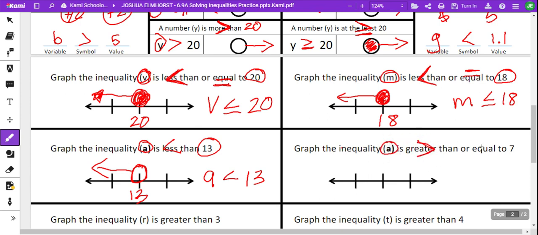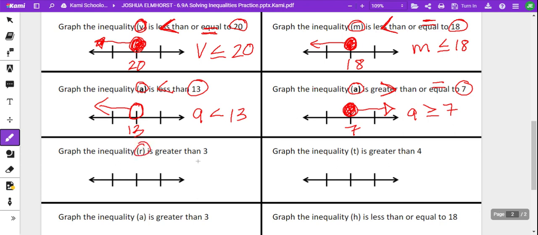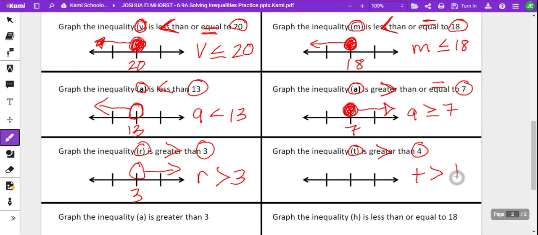A is greater than or equal to 7. And start at 4, put a circle at 4, and then go to the greater than side.